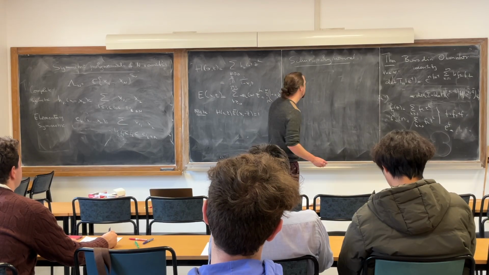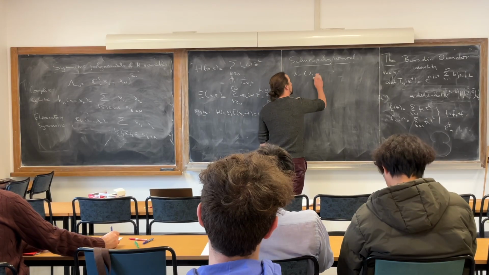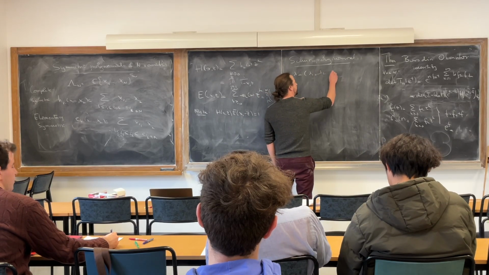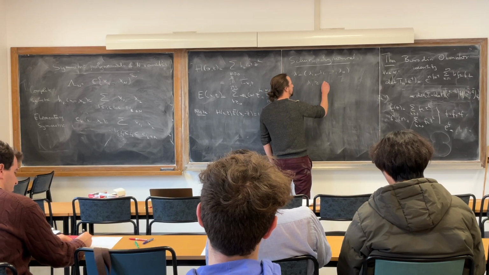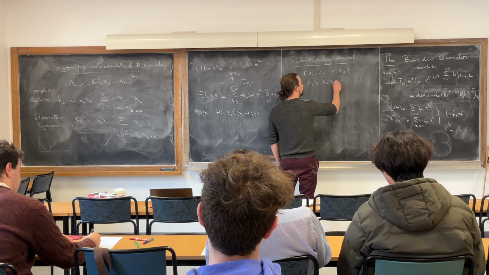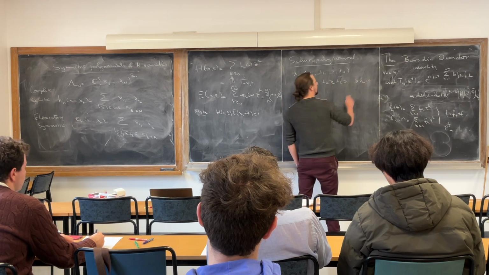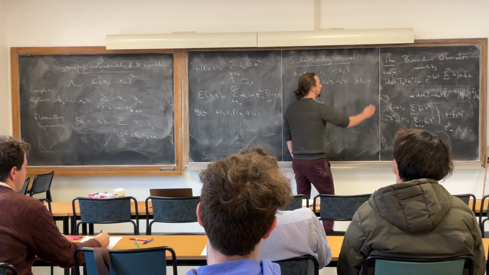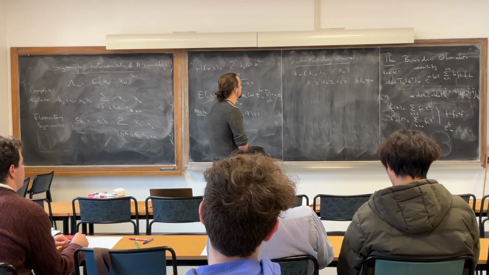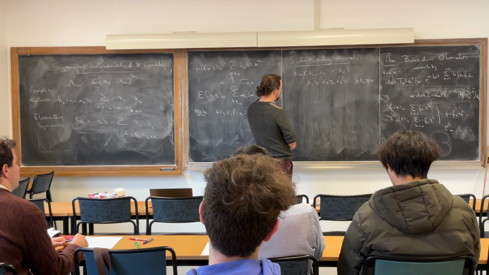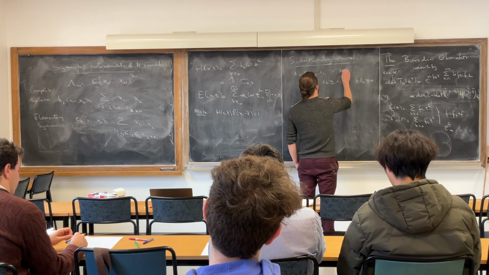They are indexed by partitions. So I have a λ, which is just a tuple of integers, and they are ordered. Actually, I should have said I want arbitrary sign.